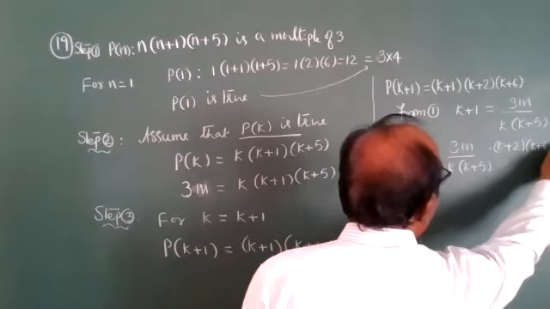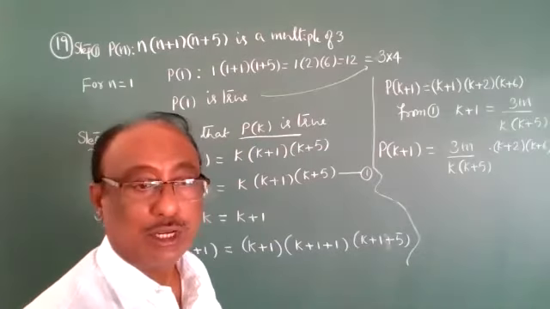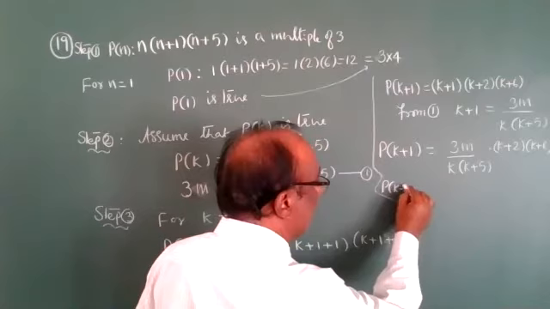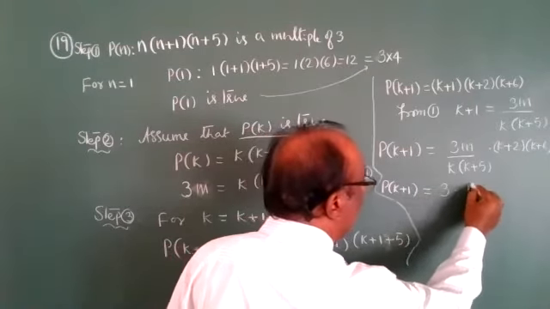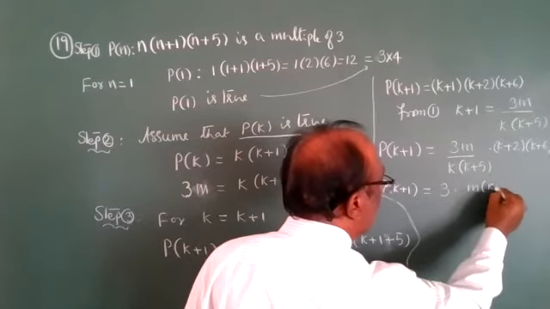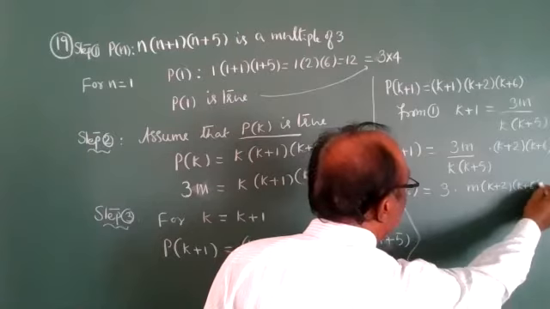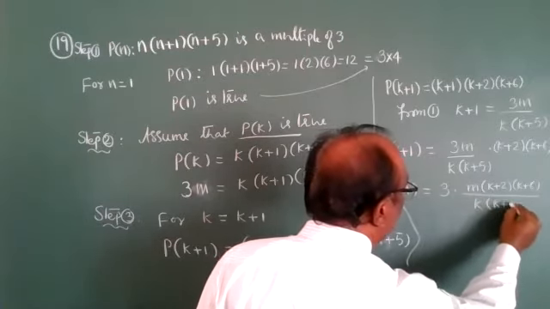So P of k plus 1 is equal to 3 into m into k plus 2 into k plus 6 upon k into k plus 5.